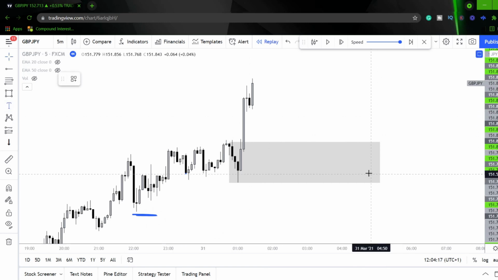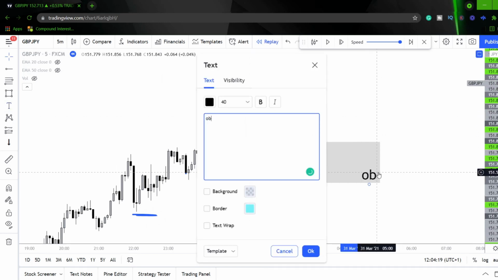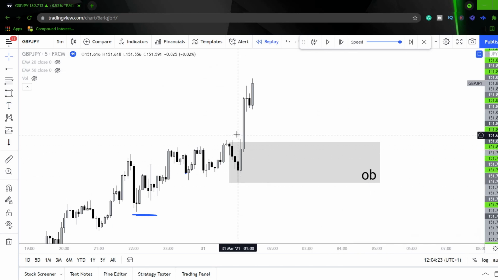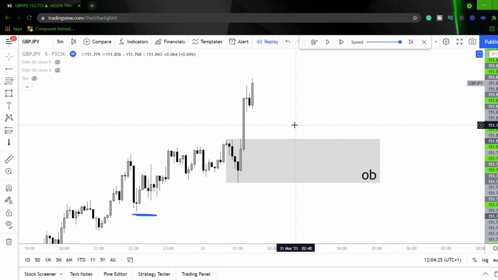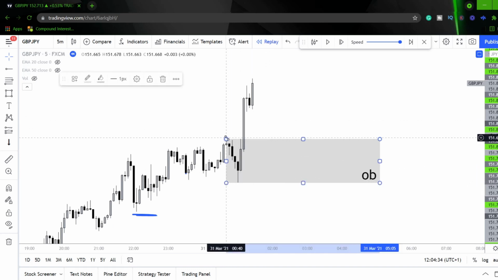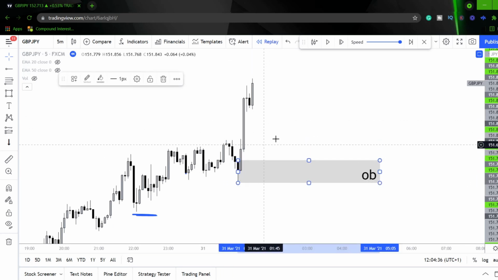Okay, and for those of you who don't understand this, I'm highlighting this because this is our order block, right? Now, depending on how you've been taught, some of you may think of an order block as the last down candle before an up move, okay? Which in turn would be this.